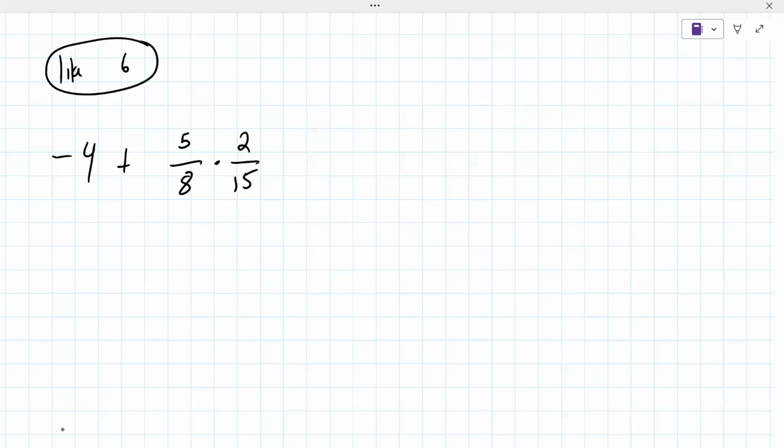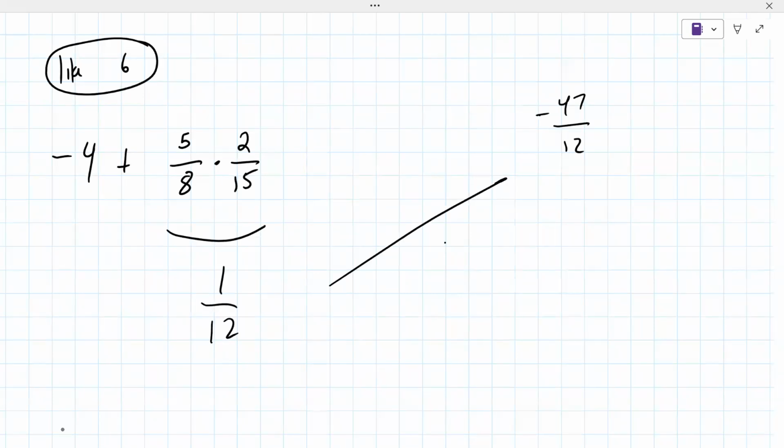Then that becomes -47/12. What did you get as this fraction? I got 1/12. Yes, very good. Okay, good.